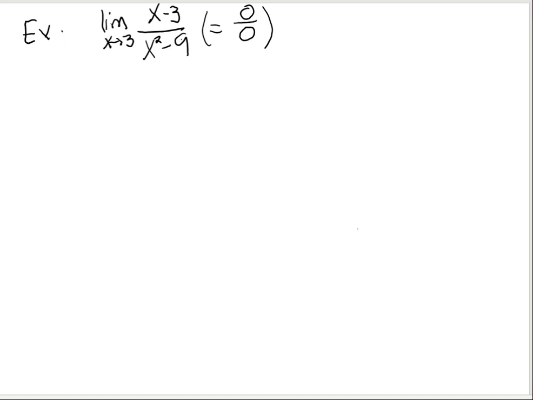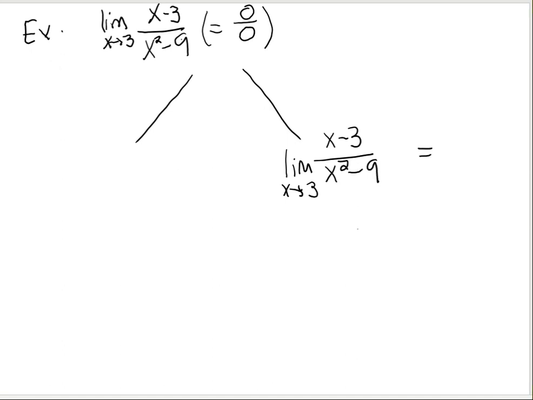So we could do this two ways. If I start, I'll put it on the right, doing it by L'Hopital's rule. So I have this, and then equals 0 over 0.